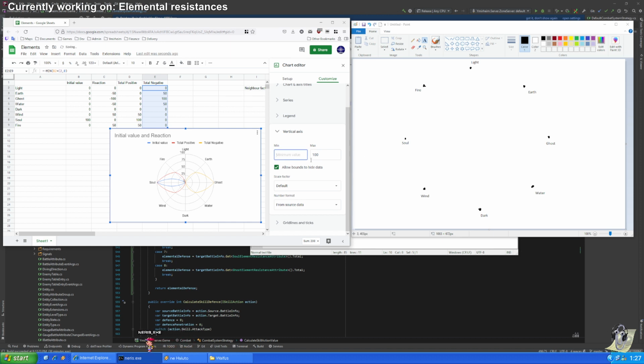So I don't need this anymore. It's gonna be automatic. Don't need scale. Don't need number format.